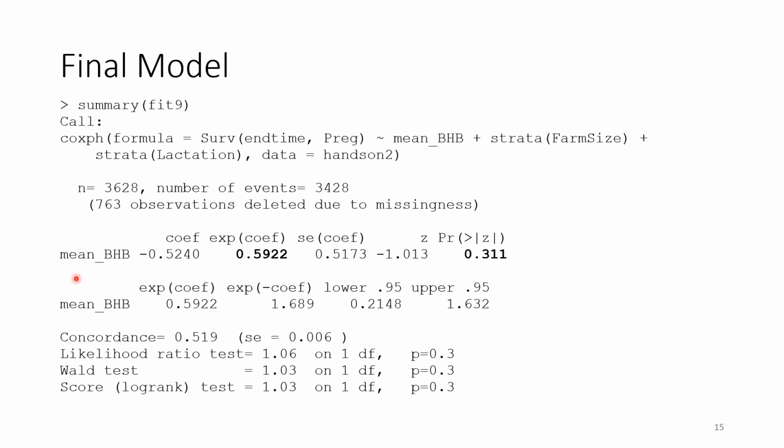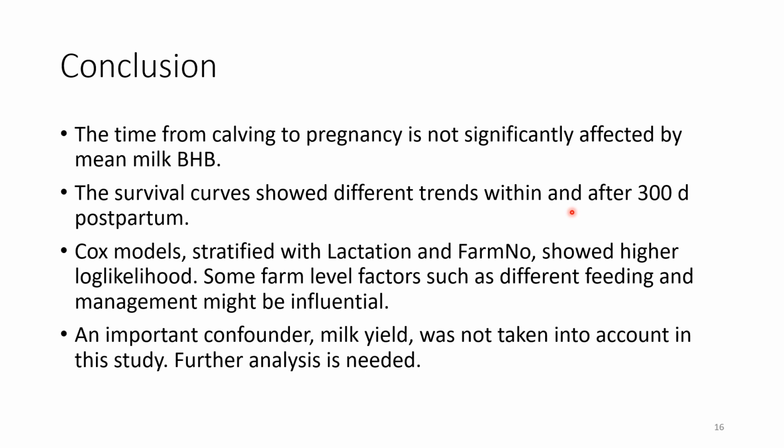We can see here that as the mean milk BHB increases, the probability of getting pregnant is lower, multiplied by 0.6, but the result is not significant. So the time from calving to pregnancy is not significantly affected by mean milk BHB.